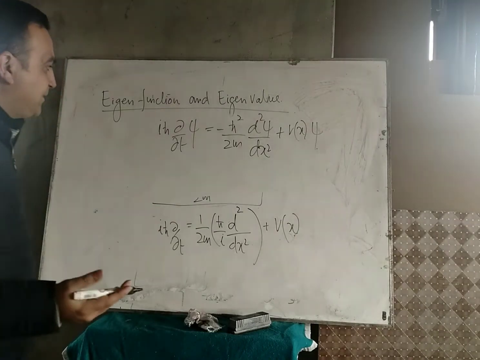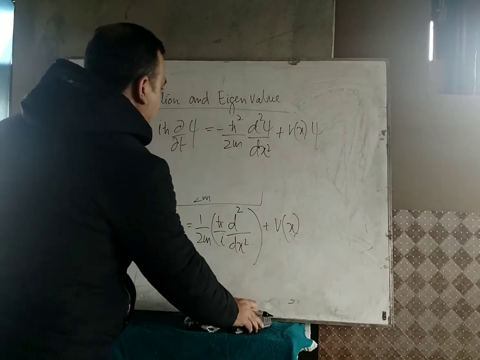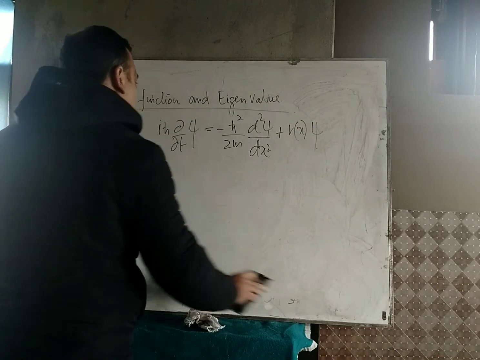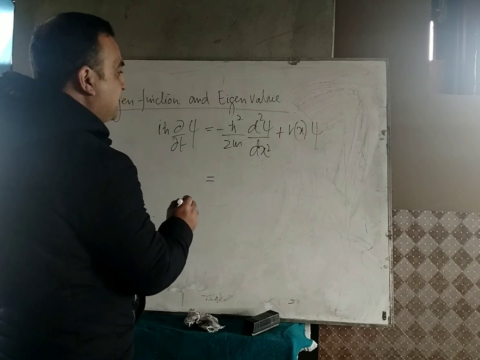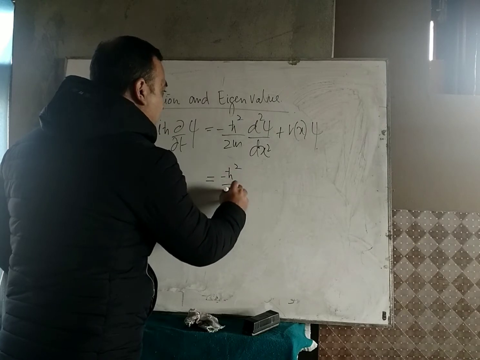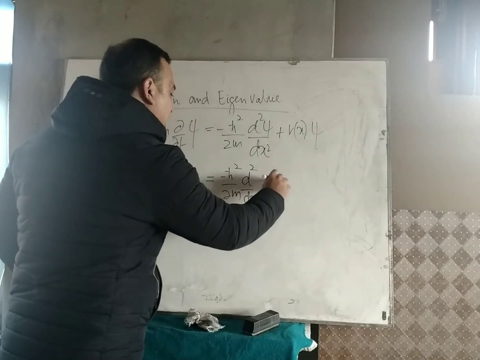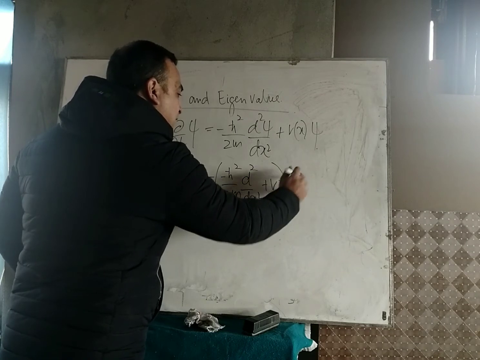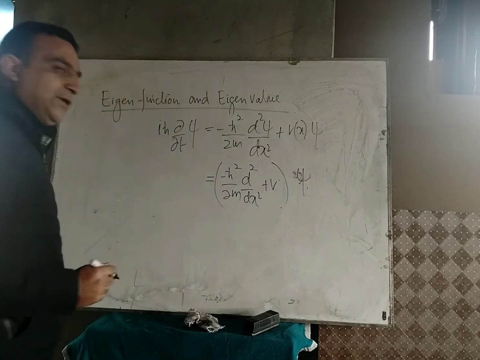Now all of you know that this is the time-dependent Schrodinger wave equation. And you can see, if I proceed the same thing, we get this minus h bar squared by 2m, d2 upon dx2, plus V. Now this bracketed term is also called the Hamiltonian.